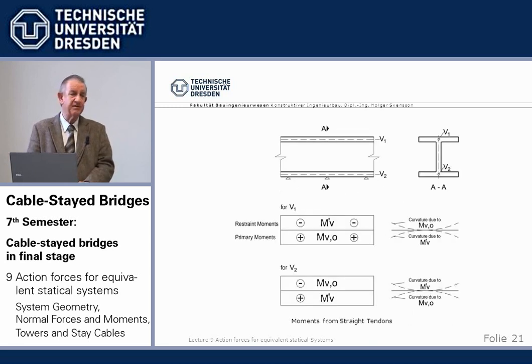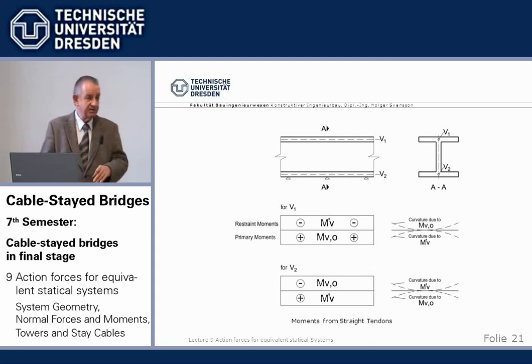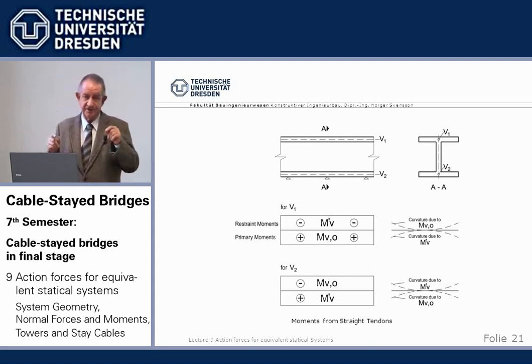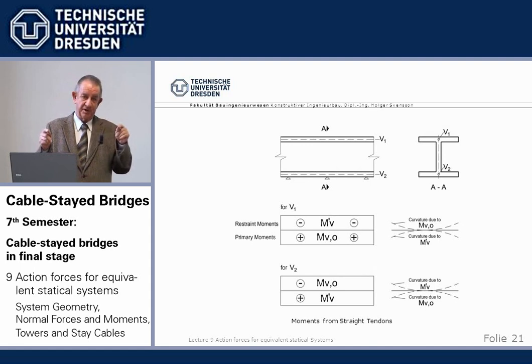Another little interesting thing, if we post-tension, this post-tensioning is permanent load, beam on rigid supports. And because the cable distance is in the range of 10 meters, we normally do not use up and down tendons, but straight tendons.